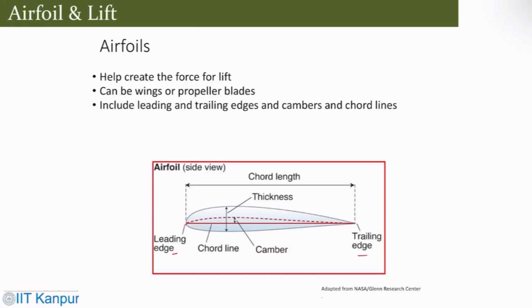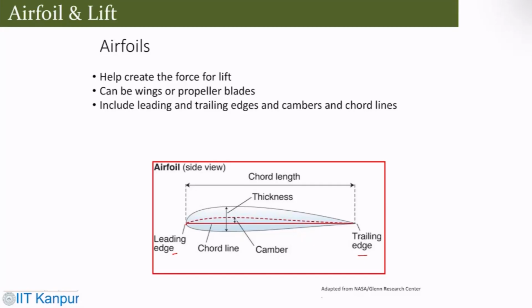And the one which divides the airfoil into equal segments is called the camber line, and in between you have the thickness. So that's the typical airfoil nomenclature that you have.